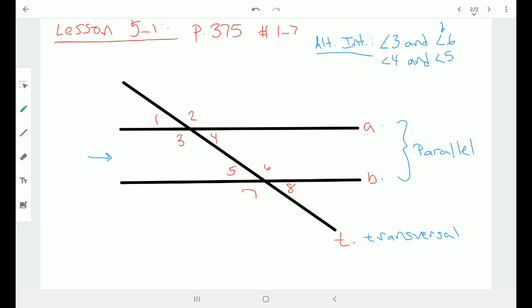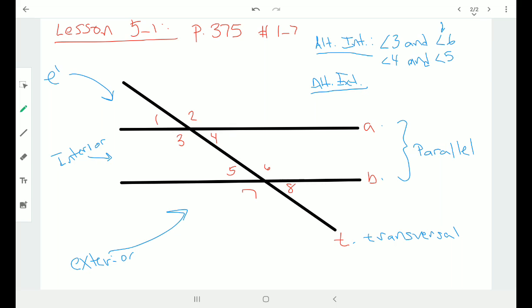Okay. So if you have alternate interior angles, then it's safe to say that you also have alternate exterior angles. Very similar, right? If you're thinking about exterior, that's on the outside, right? So this was interior. That means exterior is going to be on the outside of your parallel lines, right?